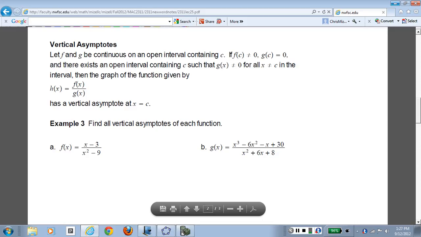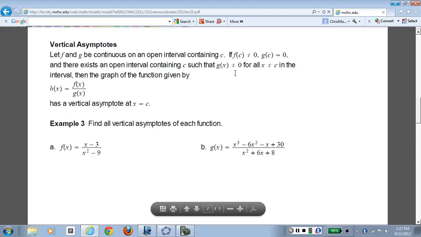So we have to additionally ensure that there is a little open interval containing c where, although g of c is 0 right there at c, it stays away from 0 in a little open interval containing that. Kind of on the technical side, I guess the best thing to do would be to give an example where g could equal 0 infinitely often, maybe think of the example of sine of 1 over x.